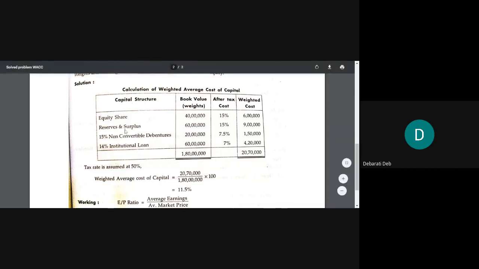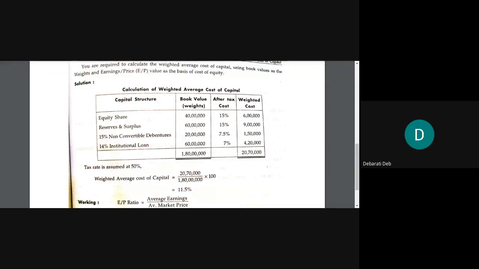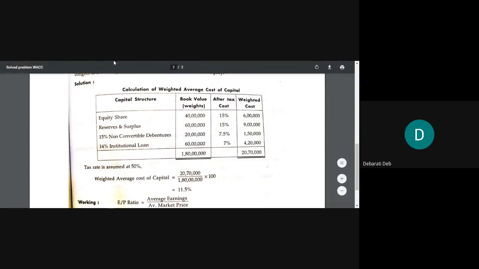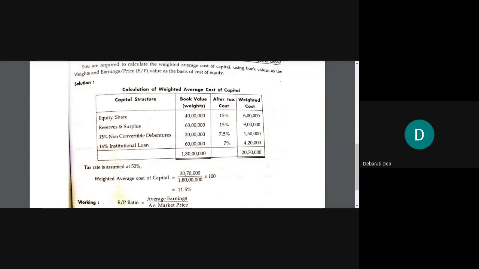After that, you make 4 columns. First column heading should be capital structure. Second column heading, you write book value. In brackets, you write weights, because from this we will calculate the weight.